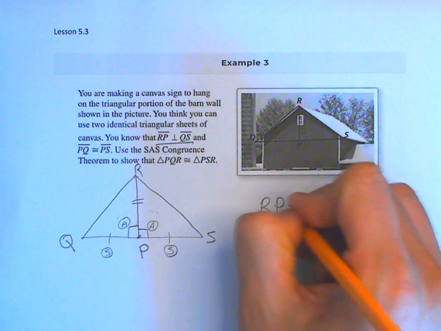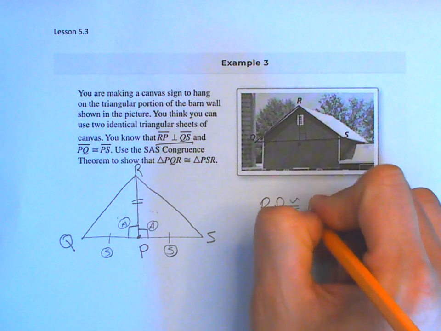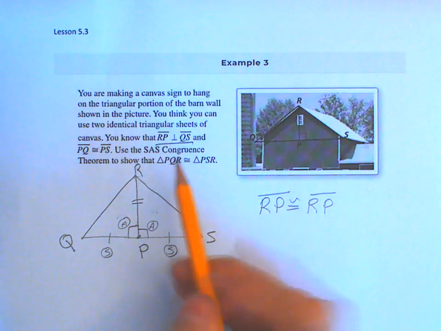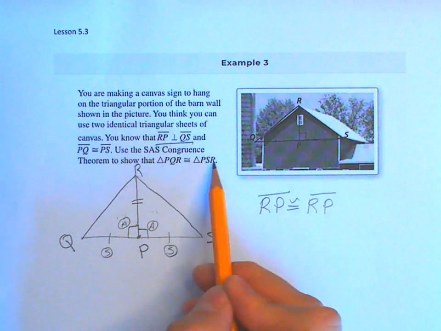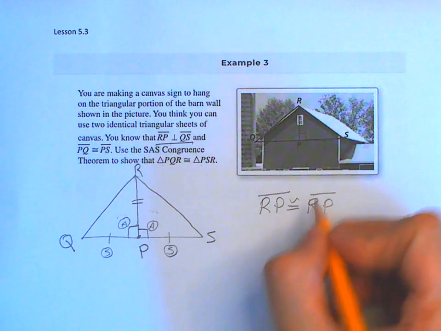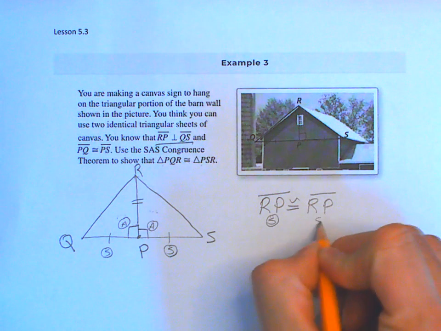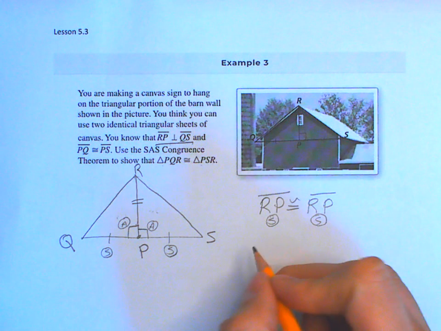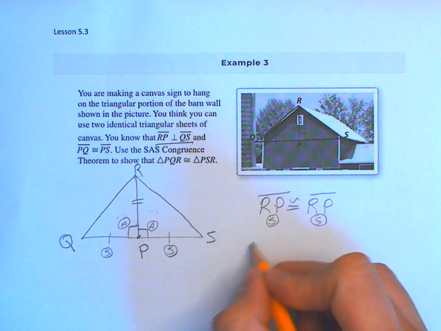Now, how come I didn't switch the order of the letters? Look at how the diagram is drawn. Go by this also. RP, RP. So here is your other side. So therefore, the triangles are now congruent by side angle side.